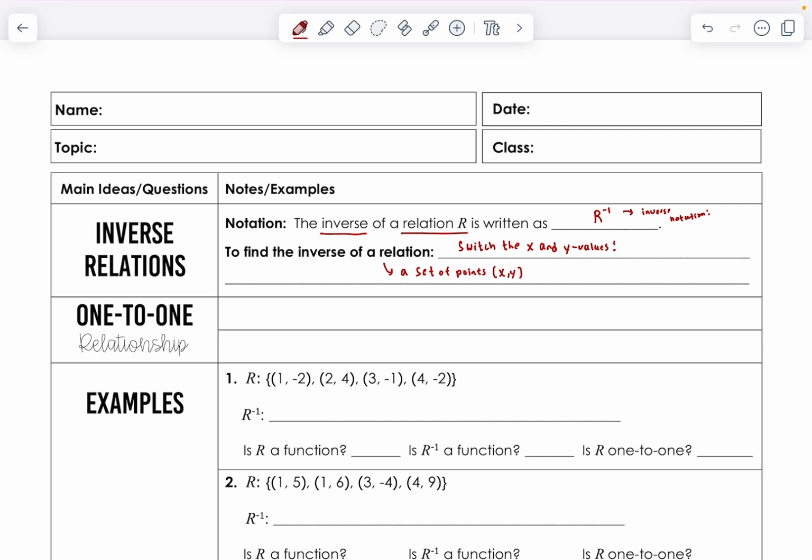And tying into this, there is also a one-to-one relationship that we have to consider when we're dealing with inverse relations or functions.